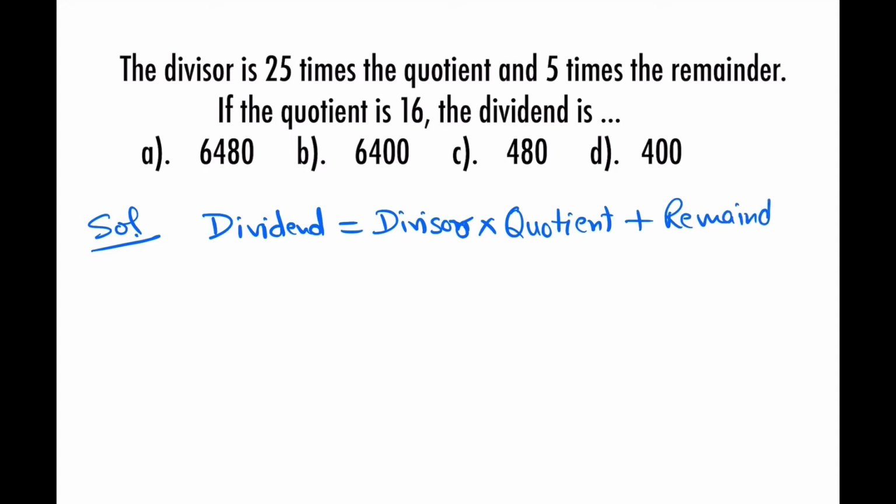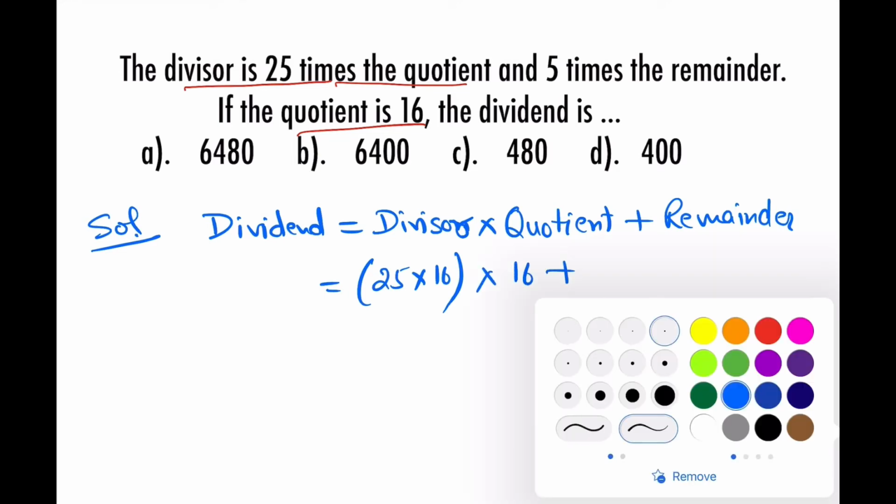This is the formula. So here the divisor is 25 times the quotient and the quotient is 16. So the divisor is 25 into 16, and the quotient is 16, plus remainder.